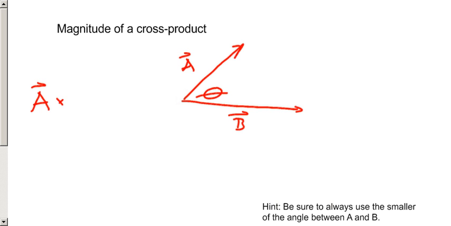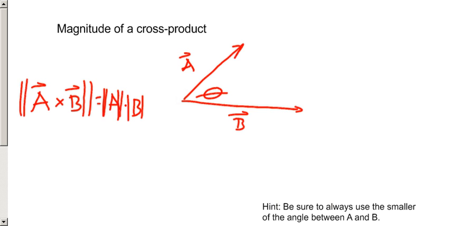A cross B is looking at the magnitude of A that is perpendicular to B times B. So the magnitude of this is magnitude of A times the magnitude of B times sine of theta.